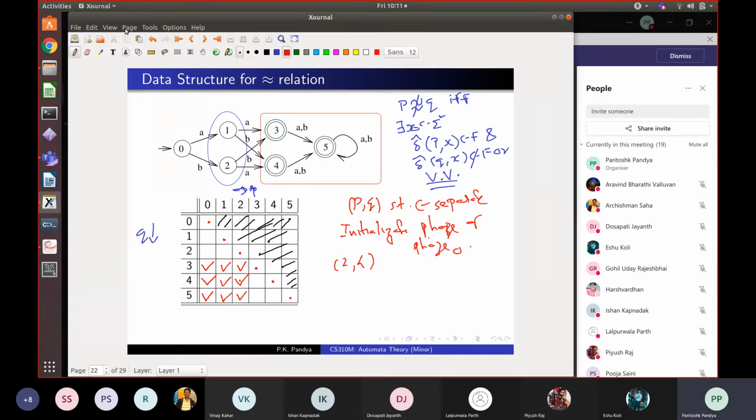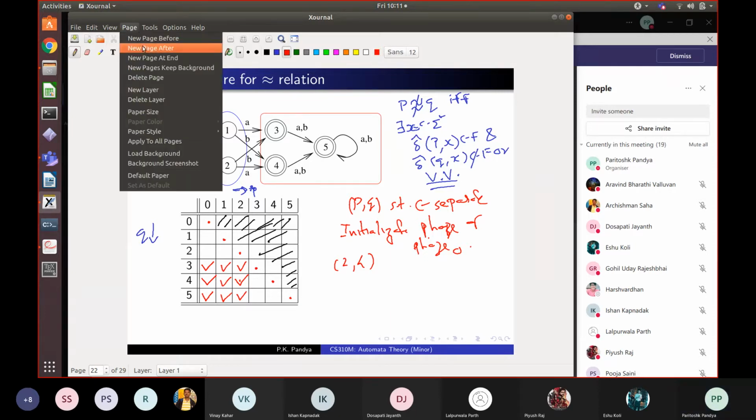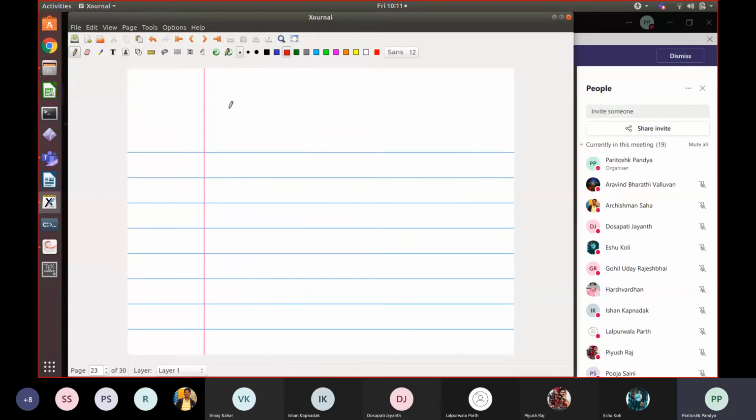Next, I'm going to use a very important property. Suppose P is not equivalent to Q by some X other than epsilon, because things which are not equivalent by epsilon we have worked out.